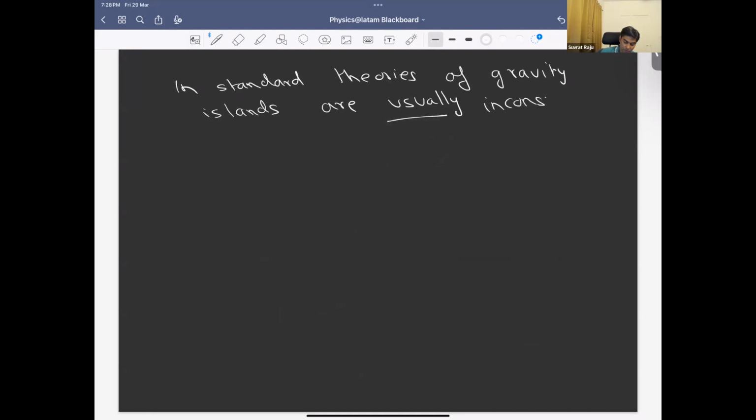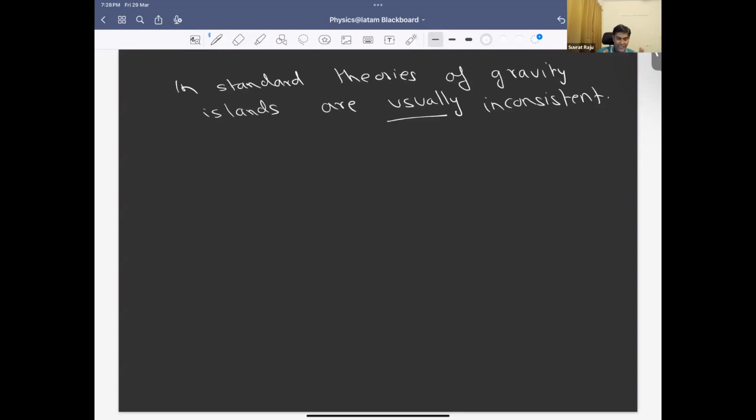Islands are not consistent in a standard theory of gravity, because if they were to exist, they would conflict with the principle that we had, which is that in a theory of gravity, information in a region is always available in its boundary. The moment you have an island, it's telling you that the complement of the island doesn't have information about the island. How can that be in a standard theory of gravity? It would violate the arguments that we were giving.